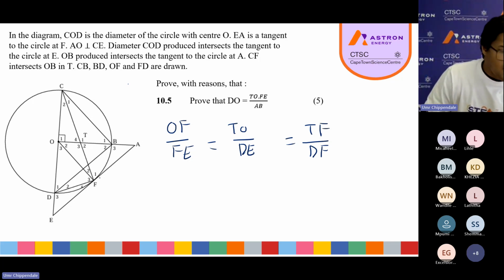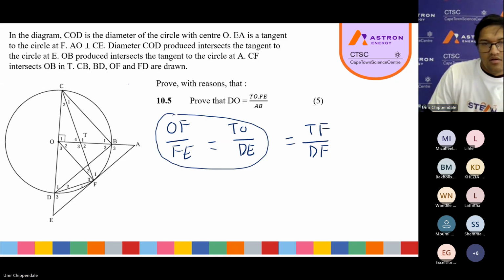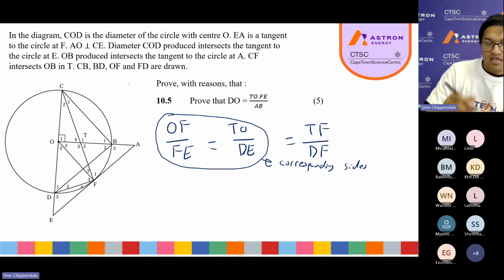Right? So in that particular case, we're now going to look at these two, which actually have corresponding sides. And I must say there are always things you have to look out for when it gets to these types of triangles, right? When they're lining up like that to each other.